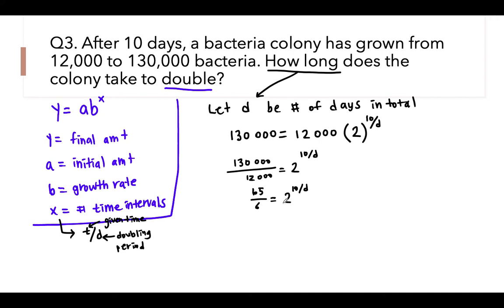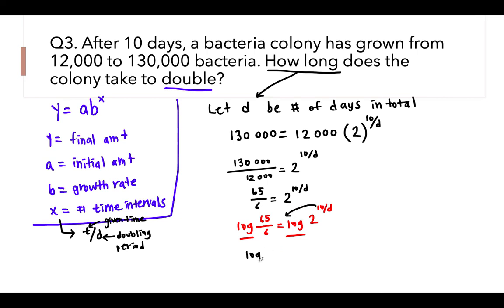So if you can't do that, you're going to take the logarithm of both sides. So log of 65 over 6 equals log of 2 to the 10 over D. Now we can move this exponent to the front.